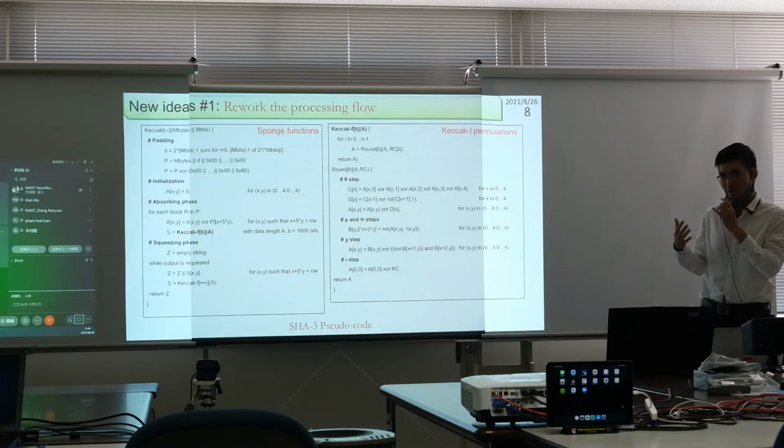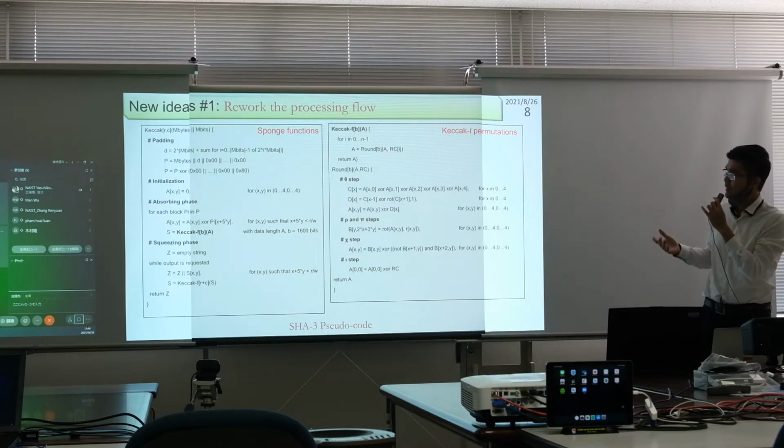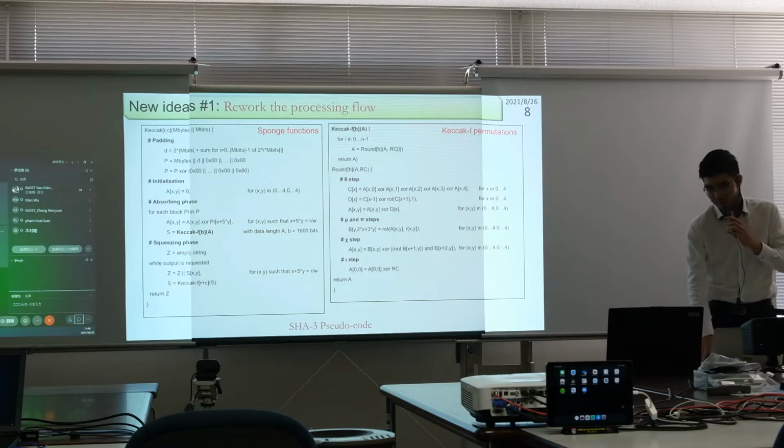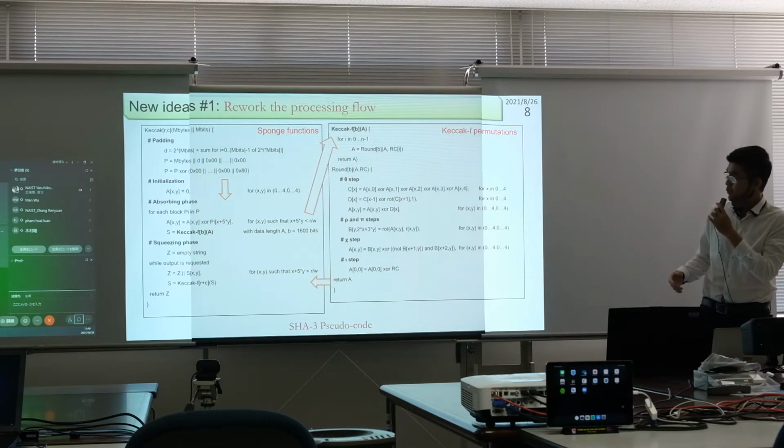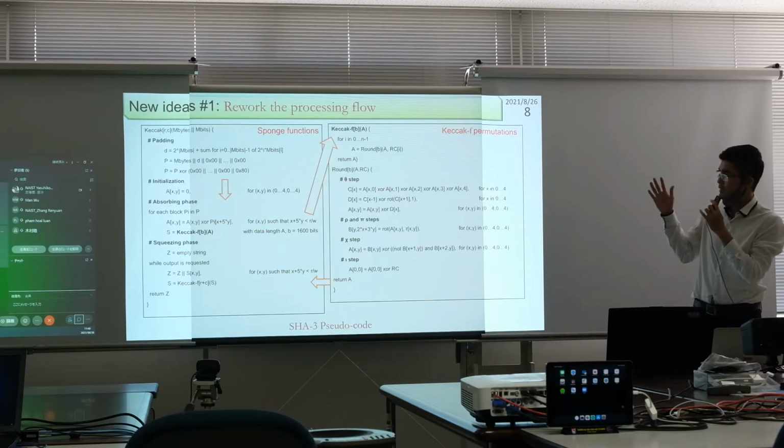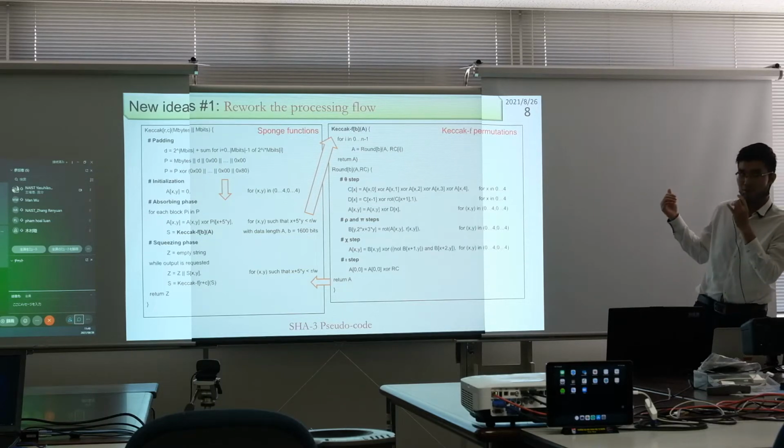So firstly, before going to the first methods, I will introduce how the SHA-3 works. You can see they separate into 2 parts. The first is the sponge function and the other is the K-cap permutation.